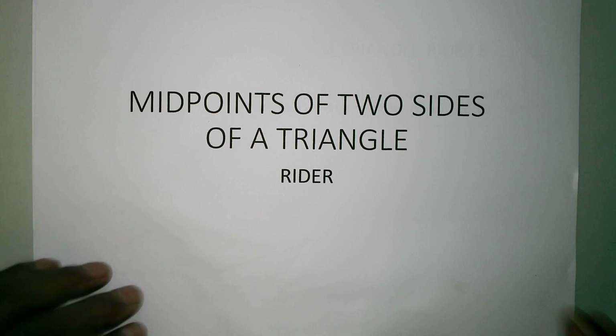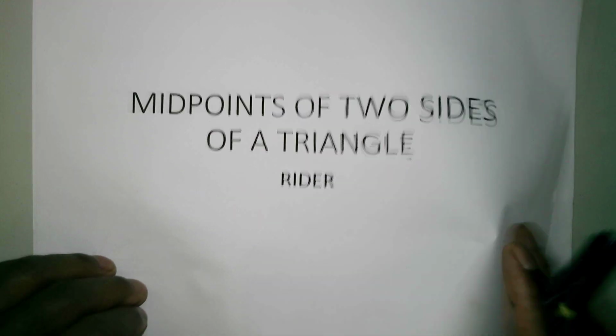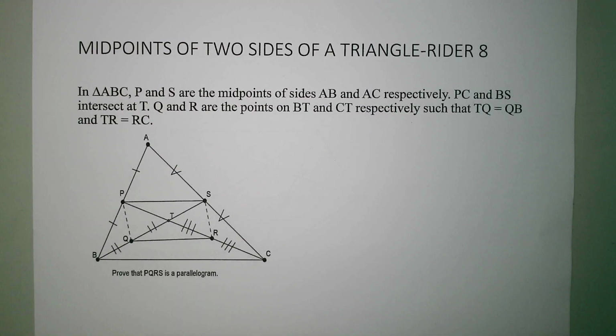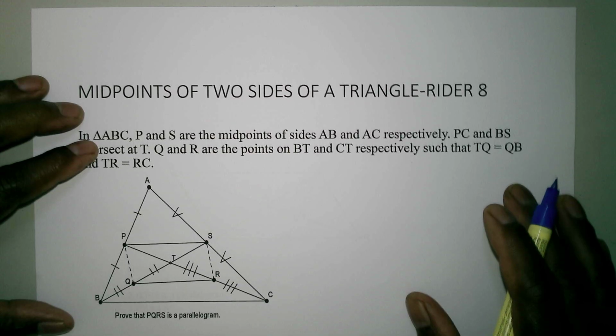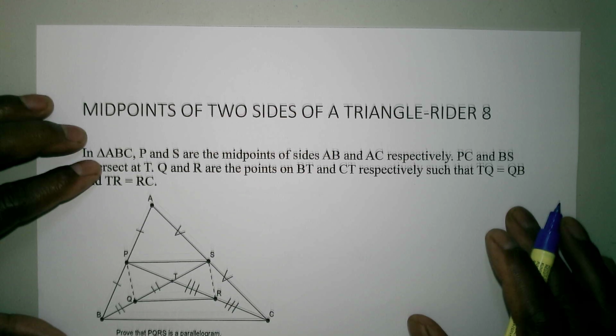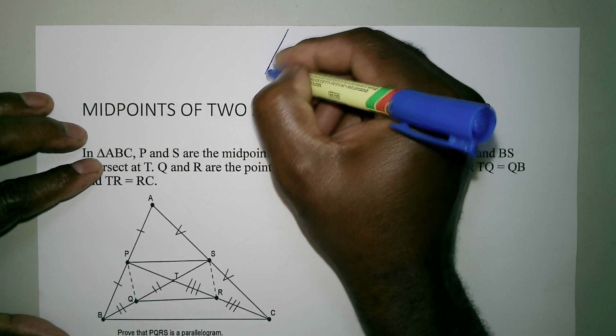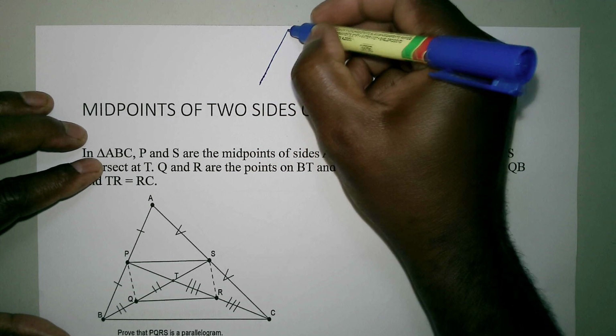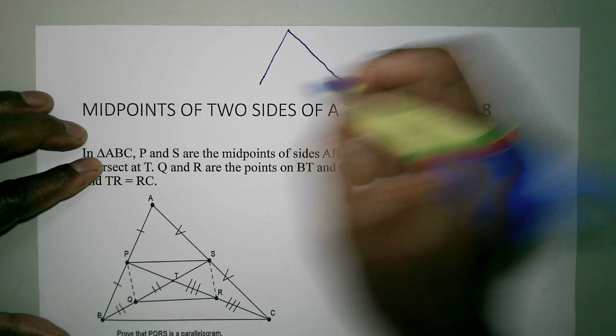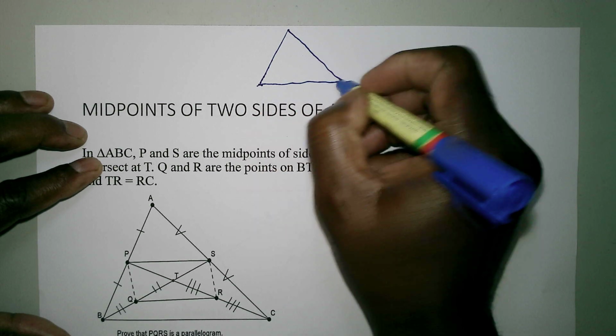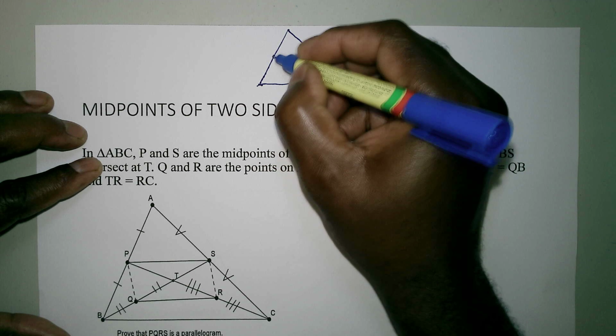So let me do the illustration as we did before, so that you should be able to remember what we did. What we had is a triangle, like this.